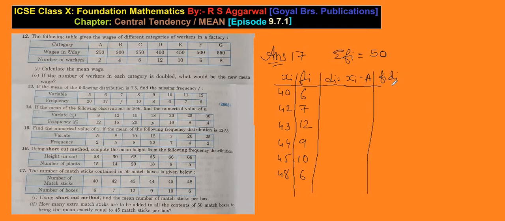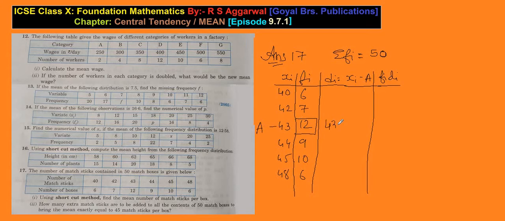Fi Di. So now there are 6 of them. We'll take the highest frequency of that particular group. The highest frequency is 12. So our assumed mean is 43.